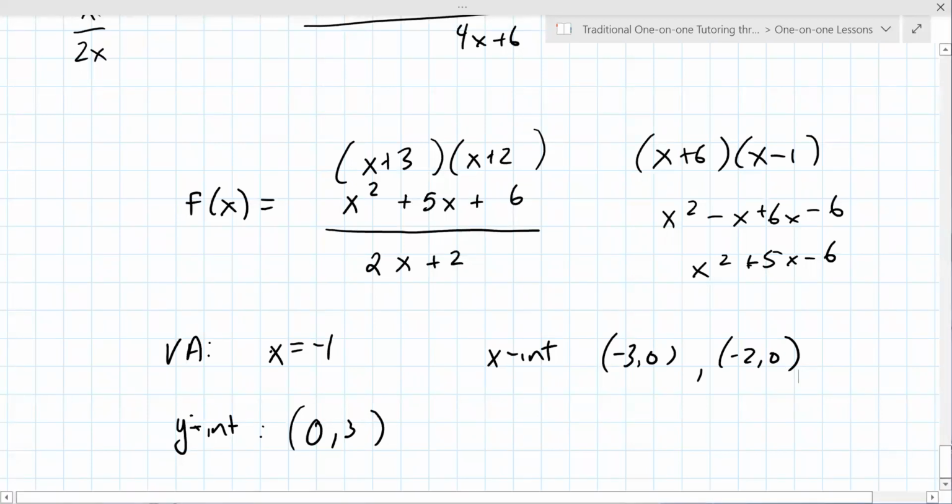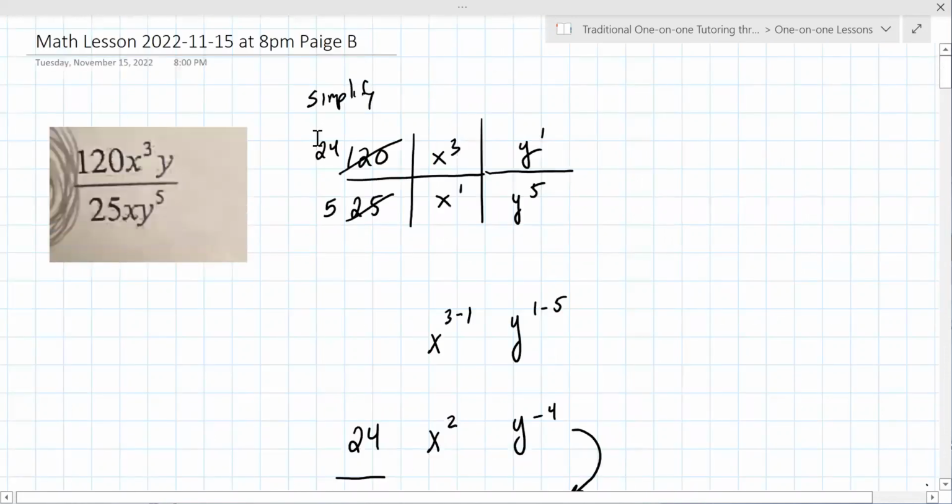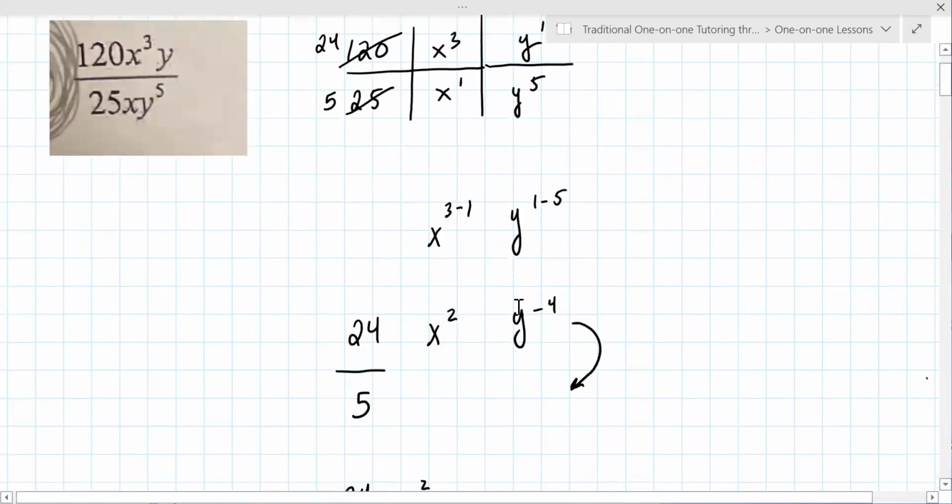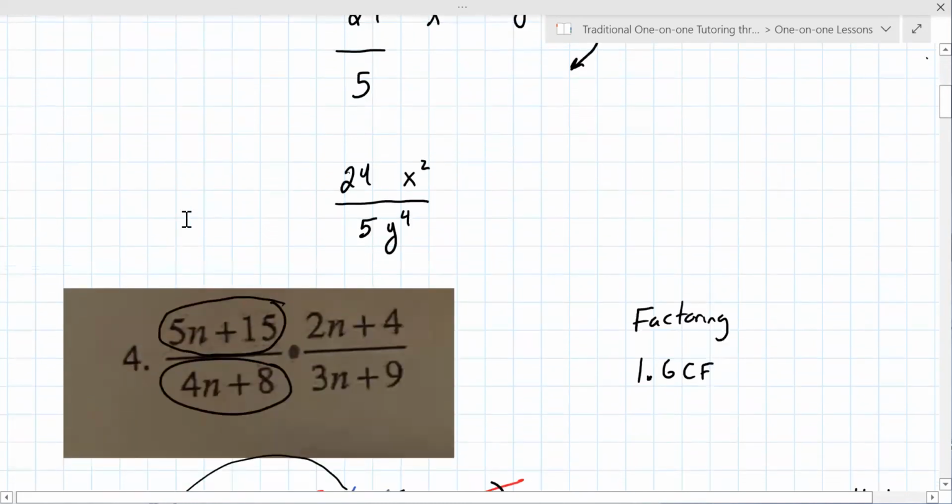So to summarize a couple of things we did today, I'll go back to the first few problems we looked at. Power rule. Don't forget your exponent rules. If it's a negative exponent, it goes to the bottom. Try to break it apart into pieces that you can do.